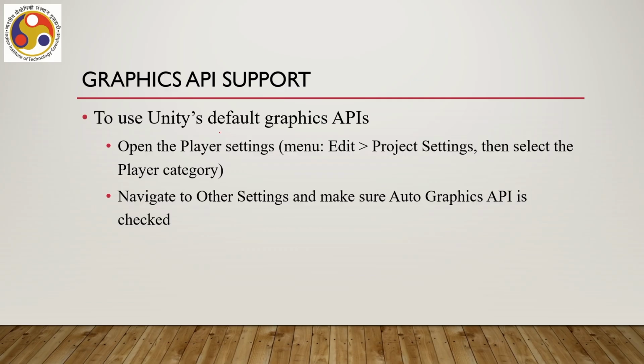So, Unity provides graphics APIs, which in turn access the library APIs. Now, to use the default APIs, what a developer needs to do is open the player settings from the editor interface. It can be accessed using Edit, Project Settings, then select the Player category, and then navigate to other settings and make sure the Auto Graphics API is checked.